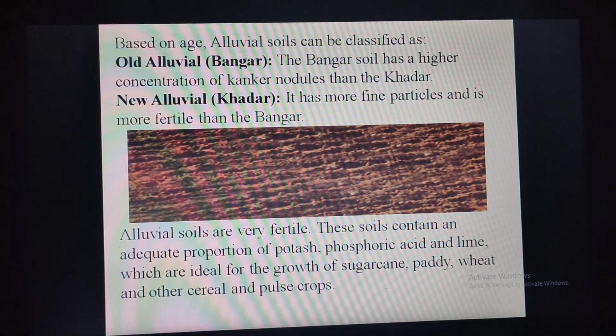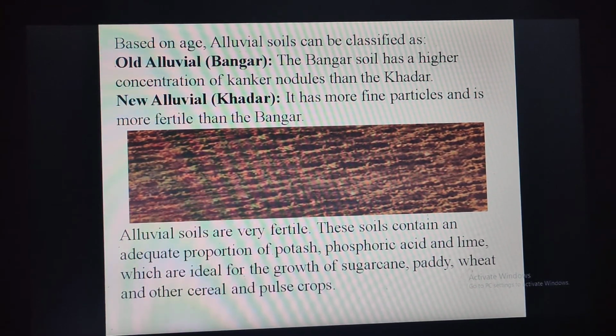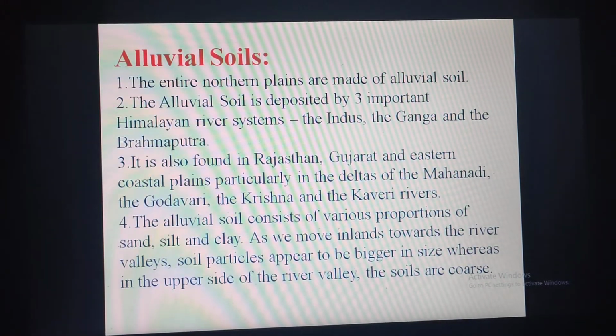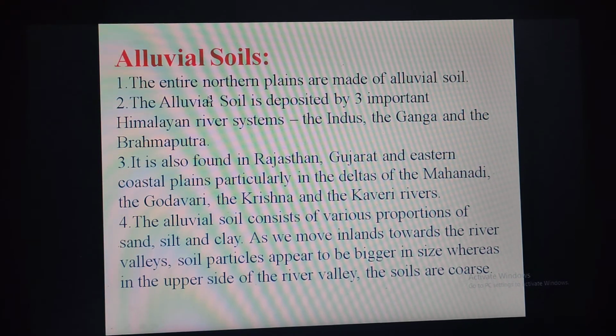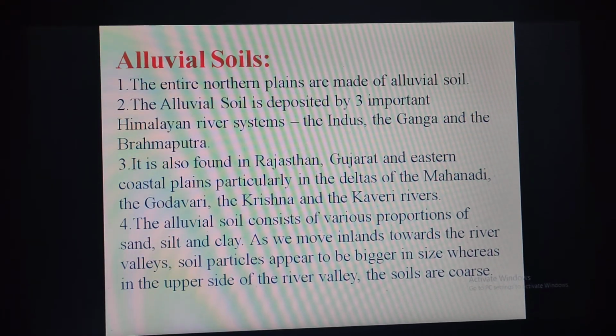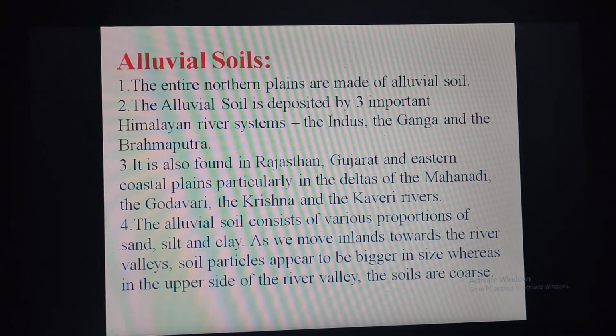The entire northern plains are made of alluvial soil. The alluvial soil is deposited by three important Himalayan river systems, that is the Indus, the Ganga, and the Brahmaputra.